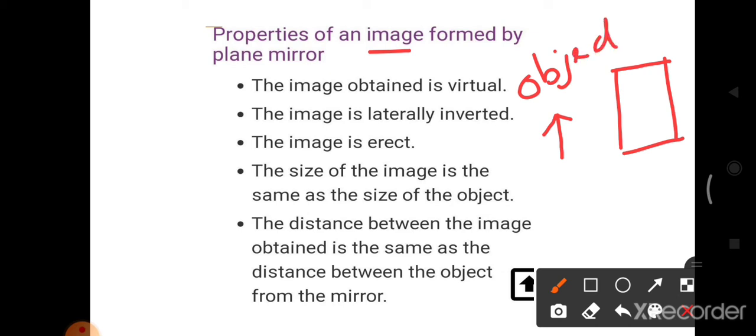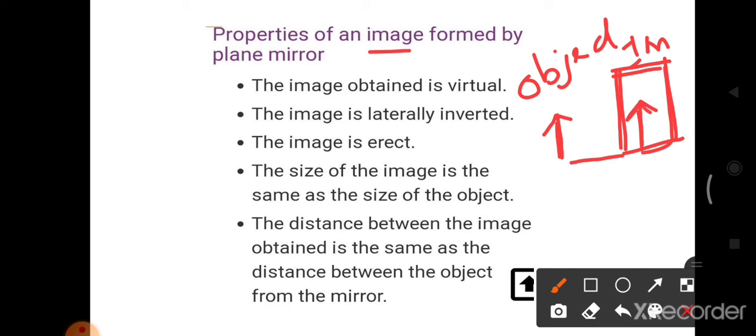The image formed in the mirror is called the image. What is placed in front of the mirror is called the object, and what is formed in the mirror is called the image.